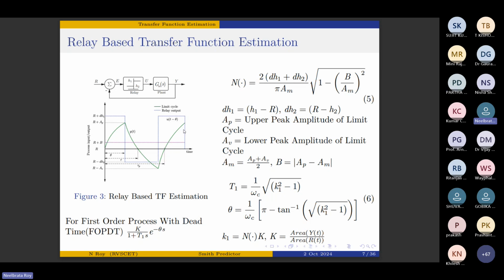First we put R equals 0 and get the output Y. This output is known as the limit cycle output, as shown in figure number 3, part B. From there, we first find the value of N dot.